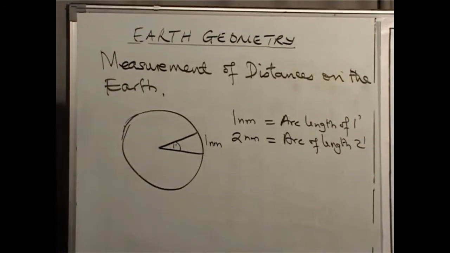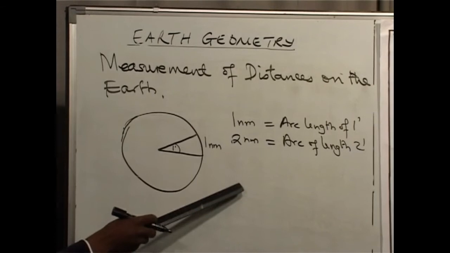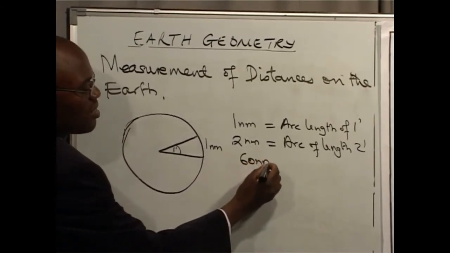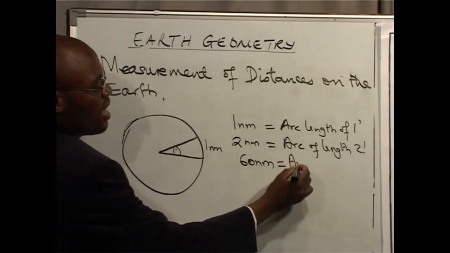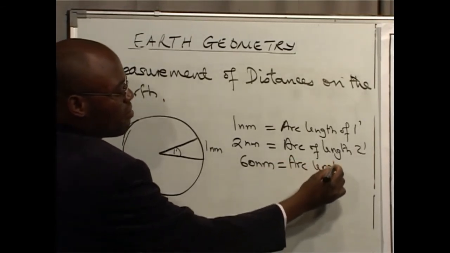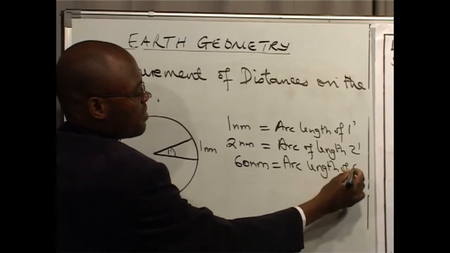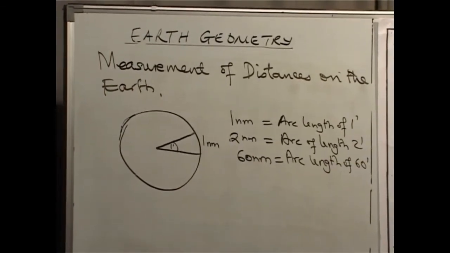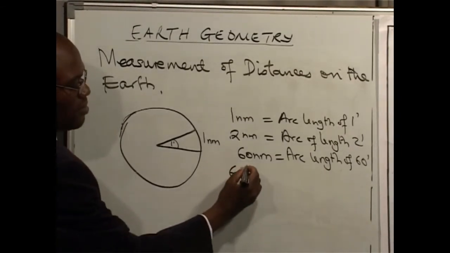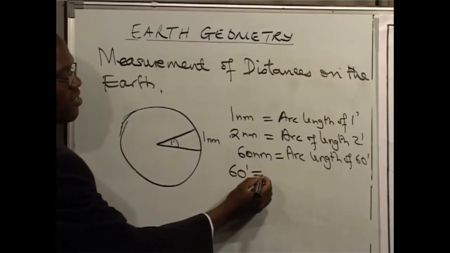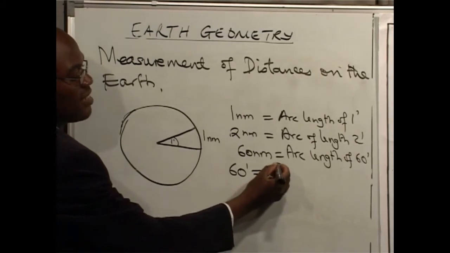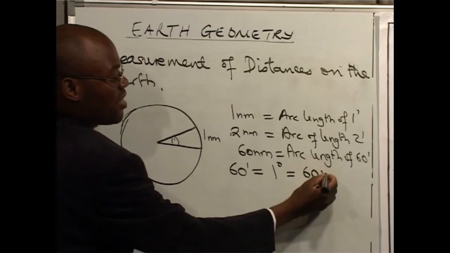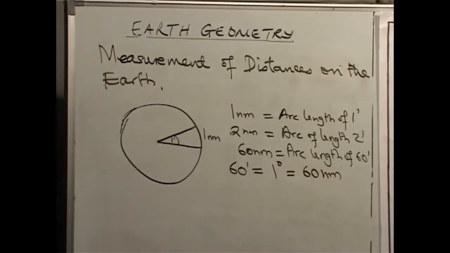So as we continue building up from there, having 60 nautical miles will be equivalent to the arc length of 60 minutes. But we know that 60 minutes is equivalent to 1 degree, which is equivalent also to 60 nautical miles.